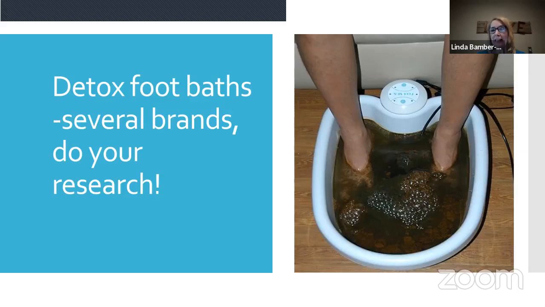But basically, he was a painter and he sprayed gold paint all the time. That was his major job, he worked with the gold paint. And so basically, that was gold flecks that had been detoxed out through his feet. So I personally, from experience, know that the foot detox baths work.